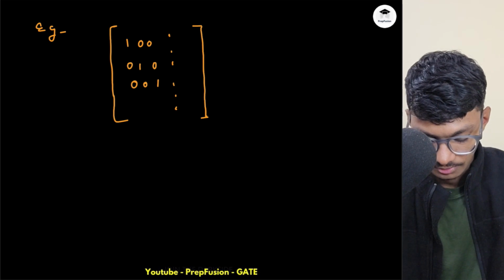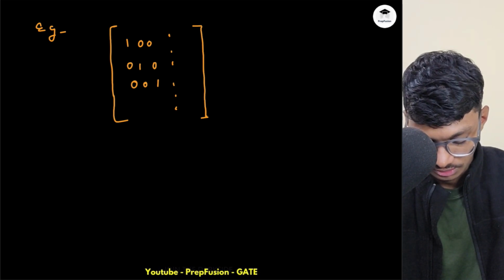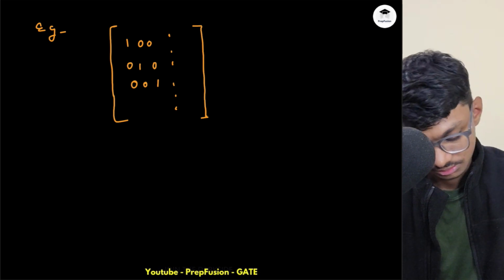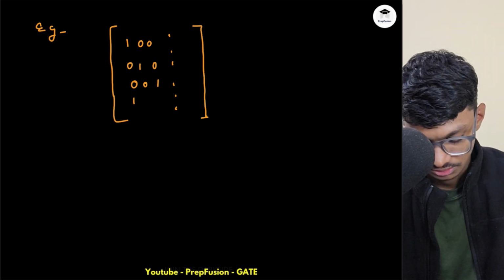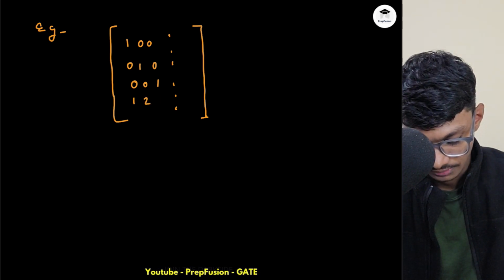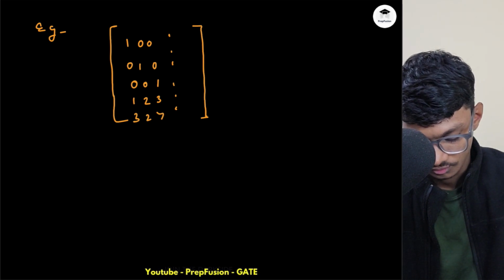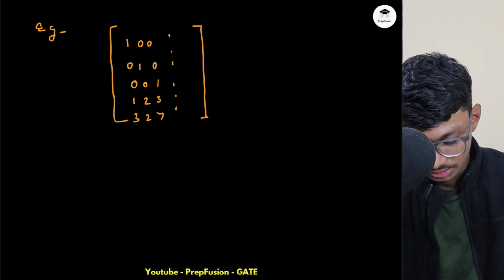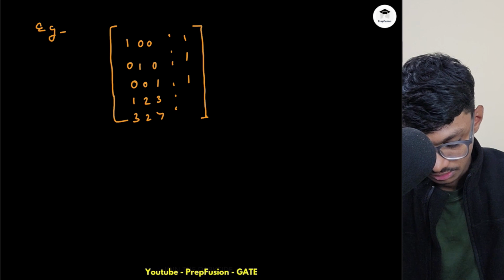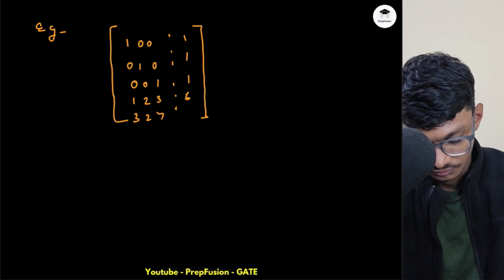I am only talking about the rank. So this is 1 2 3, 3 2 4, and this is 1 1 1, and this will be 6, this will be 5 9.